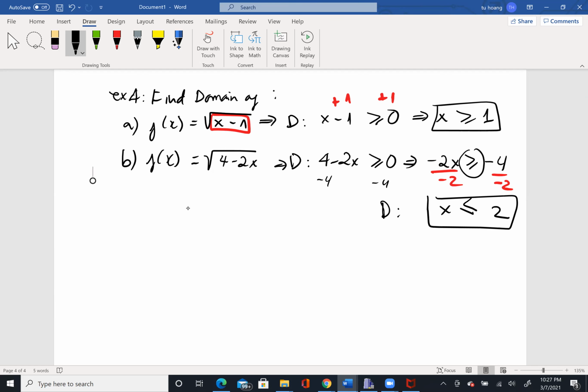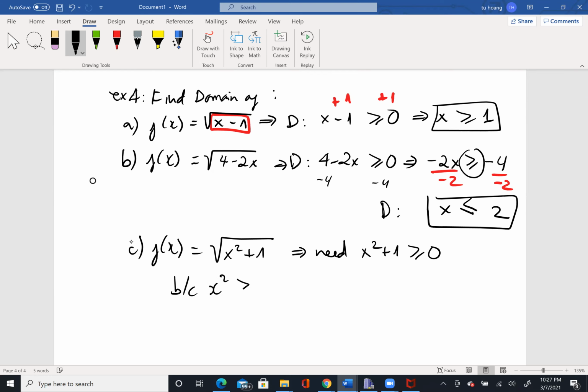What else? Let's say C, f x equal to square root of x squared plus 1. And what you need is x squared plus 1 greater than or equal to 0. But because x squared is always greater than or equal to 0 already, x squared plus 1 can even be greater than or equal to 1.